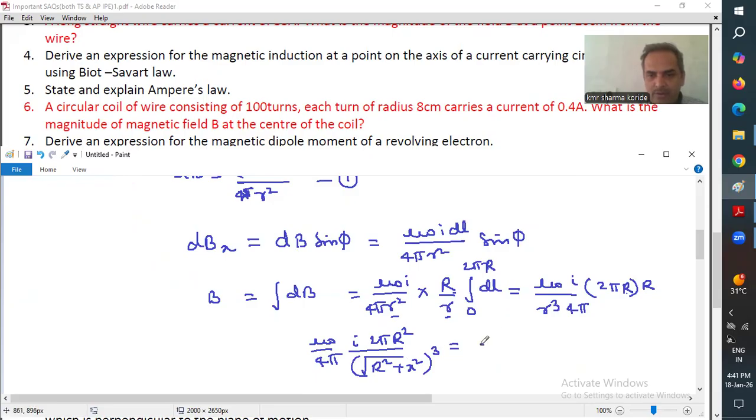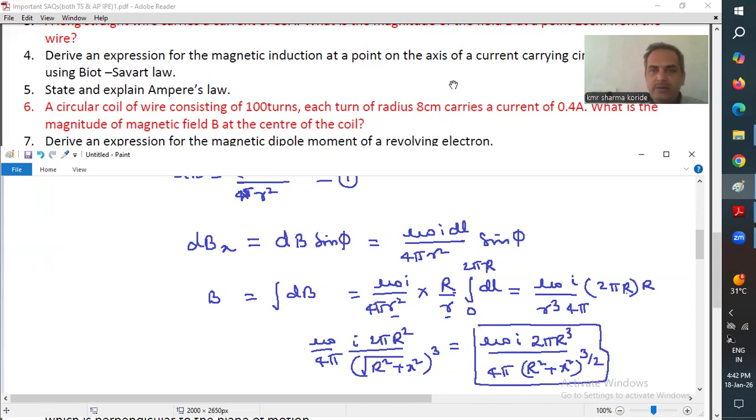So in simple form, you can write that B equals mu naught I 2 pi r square divided by 4 pi times r square plus x square to the power 3 by 2. Here x is the distance from the center to the observed point. So this is the desired equation.